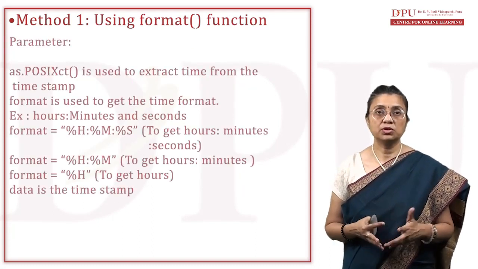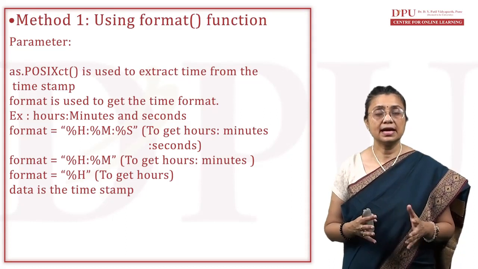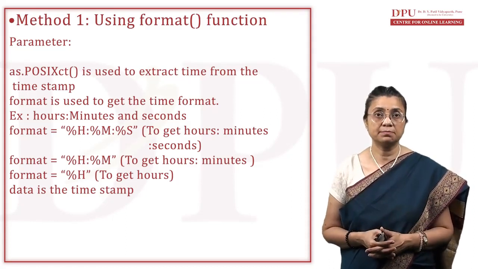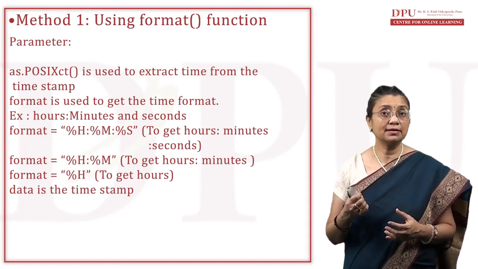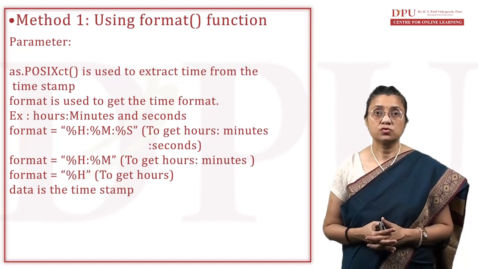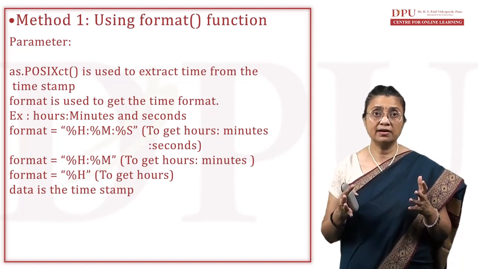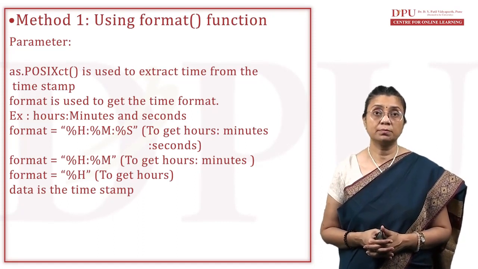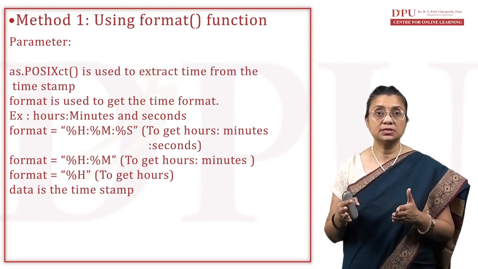So in the program, you can see that the parameter as.POSIXct is used to extract time from the timestamp, and format is used to get the time format, for example, hours:minutes and seconds. So what we are doing over here, we have given format equal to %H:%M:%S to get hours, minutes, and seconds.